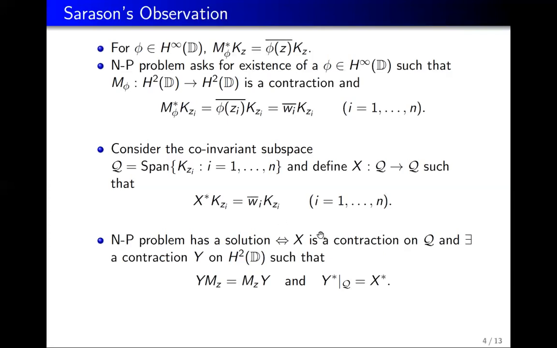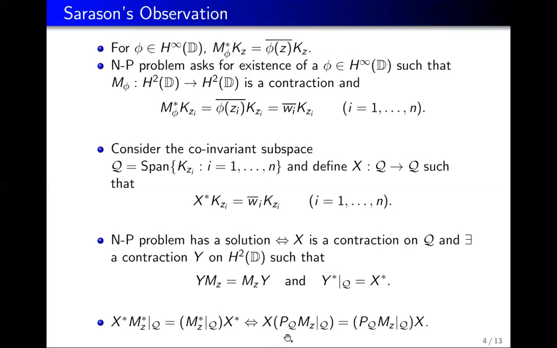So now let me tell you exactly what the commutant lifting theorem Sarason proved is. For that, one also needs to observe that such an X also satisfies this identity: X commutes with this compression of MZ. You take this distinguished isometry MZ and compress it to this co-invariant subspace Q, which is the span of the kernel vectors at Z1 up to Zn.